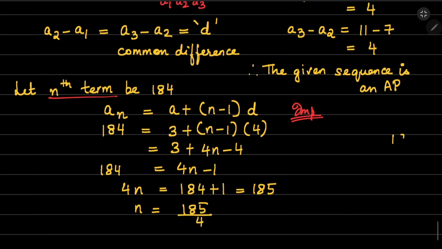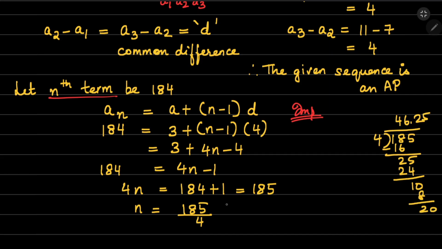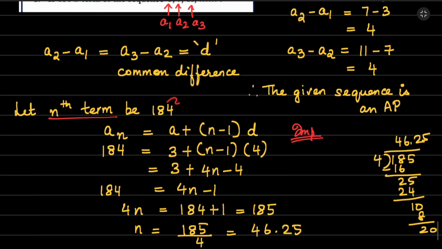So when you divide 185 by 4, you know 4 4s are 16, then 25, 6 4s are 24, again 1, 0, 2 4s are 8. Again 2, 0, 5. So what are you getting n as? 46.25. Now you cannot have n as a decimal. That means you cannot say 184 is the 46th term or the 47th term.